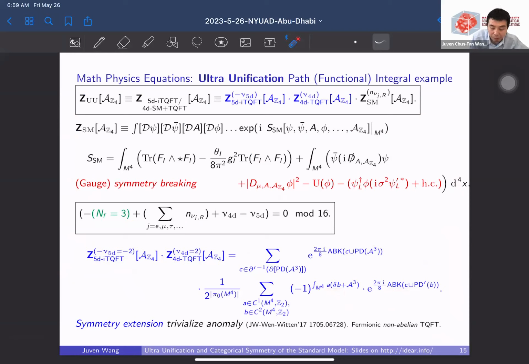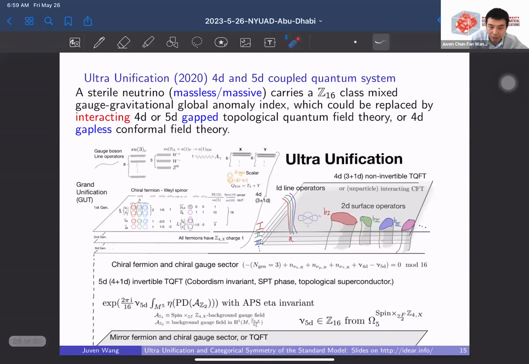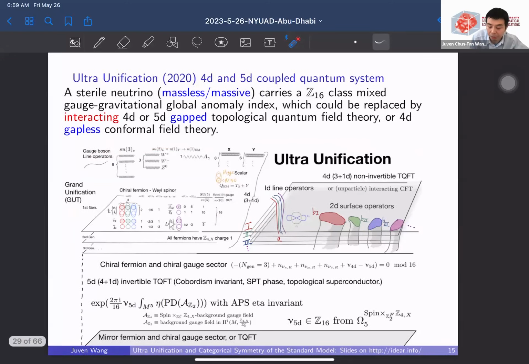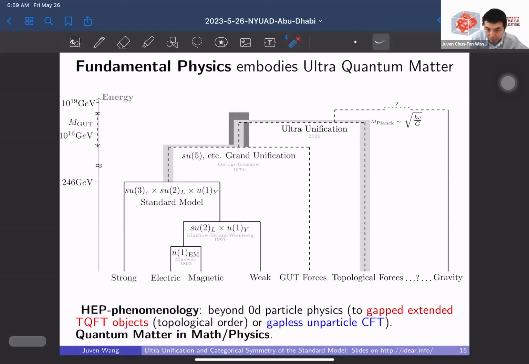It can be constructed by some generalization of symmetry extension, and there are follow-up works, but let me not go into detail. And this kind of combined Lagrangian field theory action, shown in the cartoon picture, will be the story I mentioned in the beginning. So that is done with the first part of the talk.